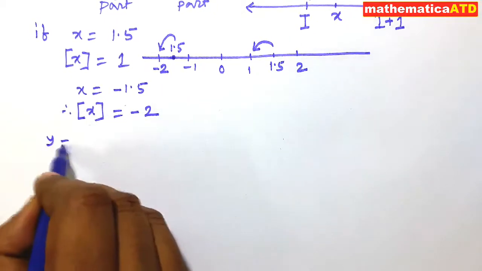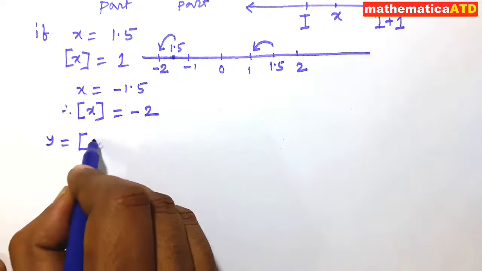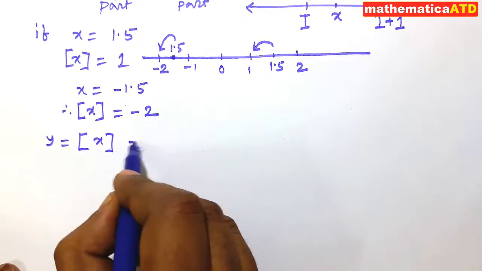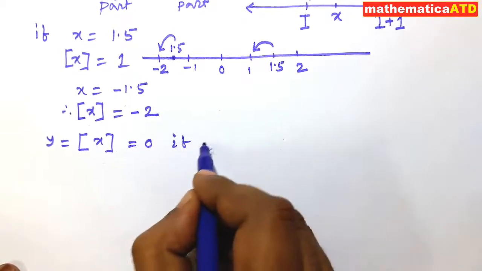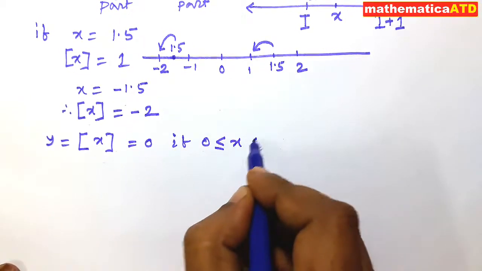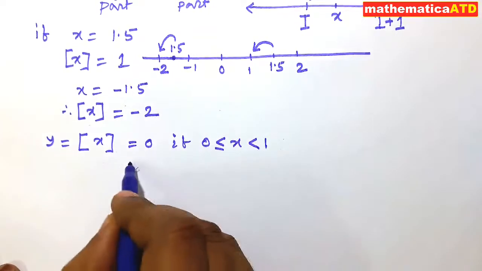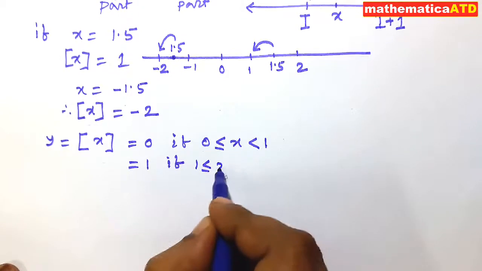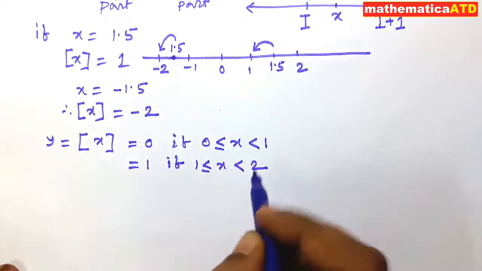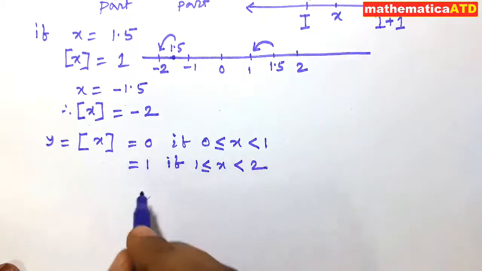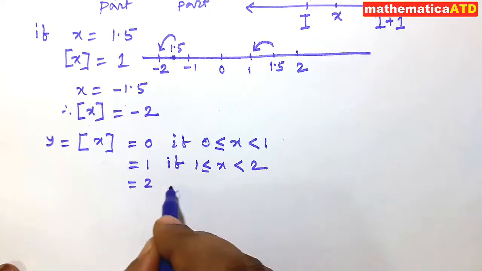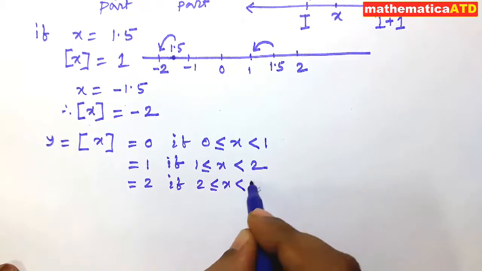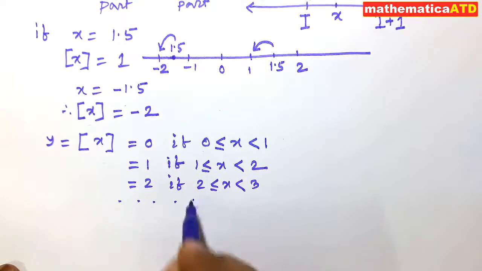y is equal to the greatest integer part of x, or the square bracket of x, is equal to 0 if 0 less than or equal to x less than 1. This may be 1 if 1 less than or equal to x less than 2. This may be 2 if 2 less than or equal to x less than 3, and in this way it is going on.